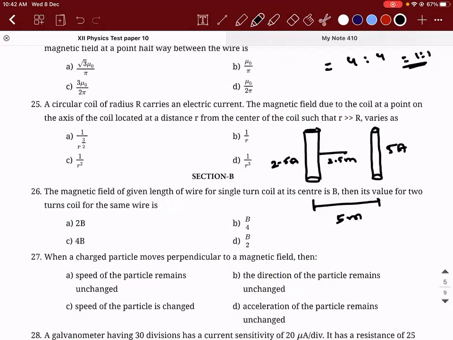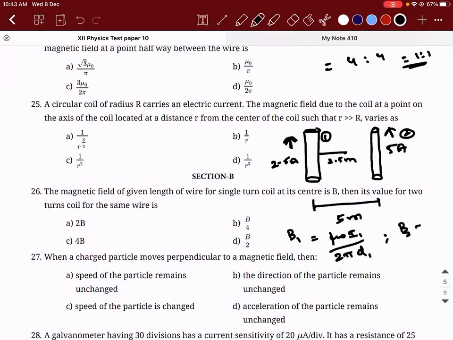Okay, how to calculate? Current is flowing in the same direction, right? So if I take this as 1 and this as 2, what is the value of B1? B1 will be equal to mu naught I1 divided by 2 pi into d1.